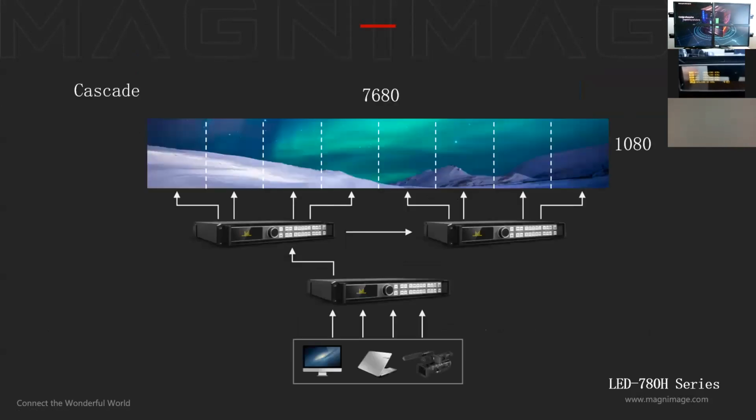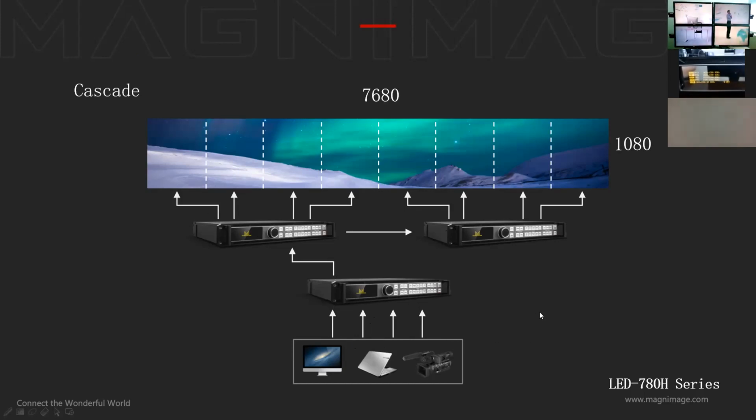And of course, if you want to upscale one video to such a big screen, it also allows you to use just a processor plus 2 more. This one is for video inputs and switching, and these 2 are in charge of managing the whole screen.